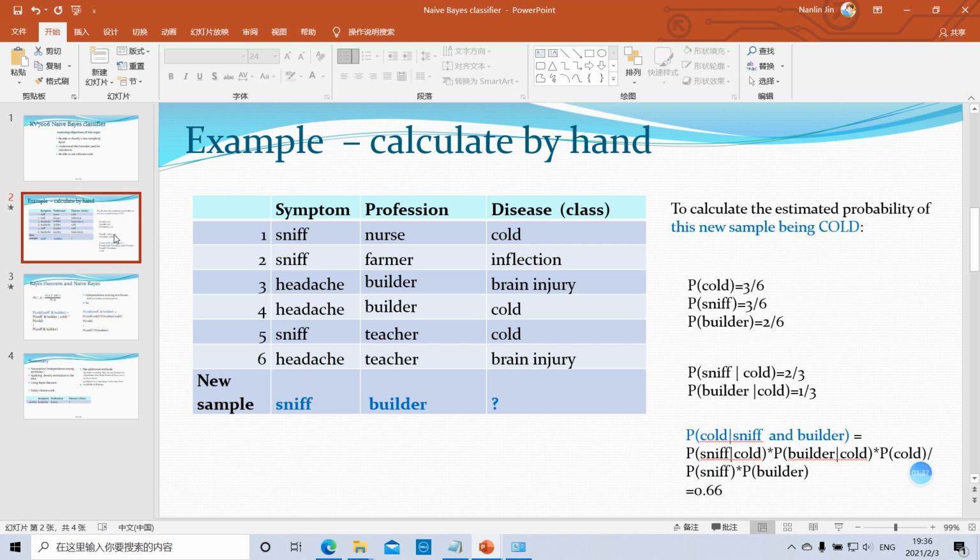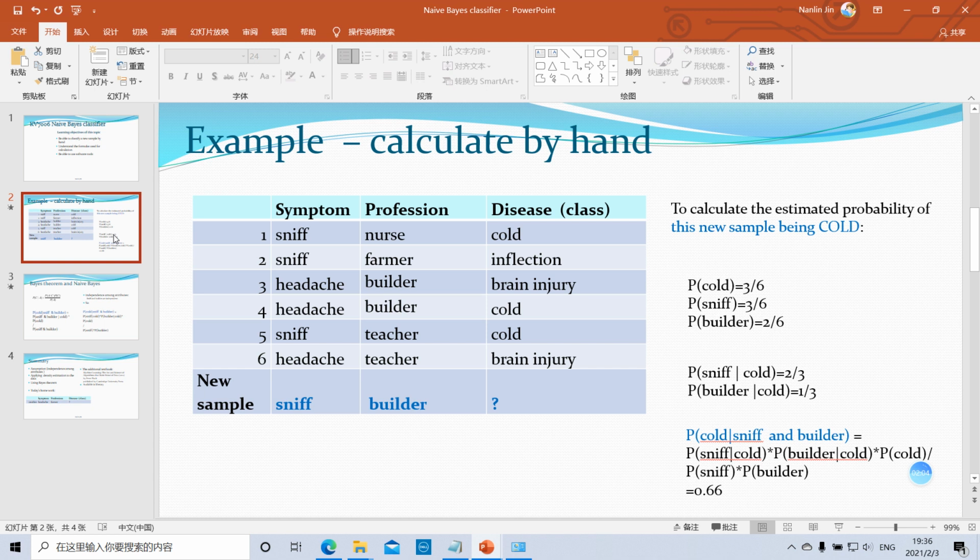Profession is another feature. This table shows nurse, farmer, builder, teacher, so 4 types of value for profession. Disease is a class which has been assigned by the doctor, which you have to treat as ground truth.